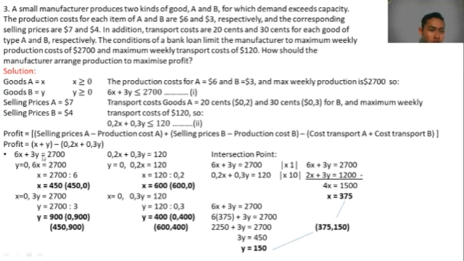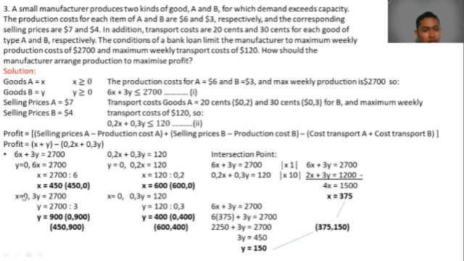calculate from the first equation that are 6x plus 3y equals to 2,700. And then to find the x point, we put y as 0, and then we can get 6x equal to 2,700, and then x equals to 2,700 divided by 6, and x is 450.